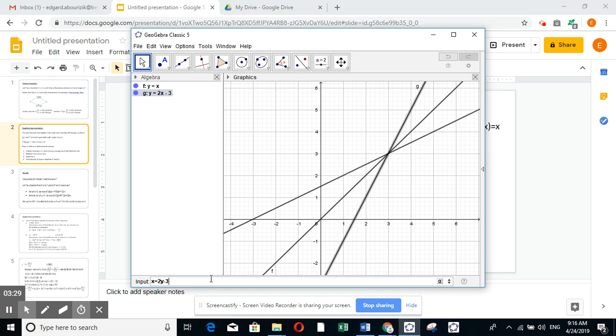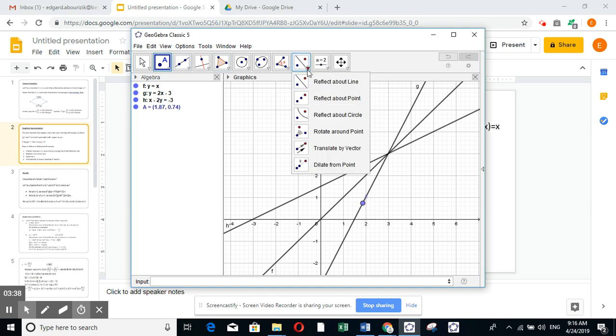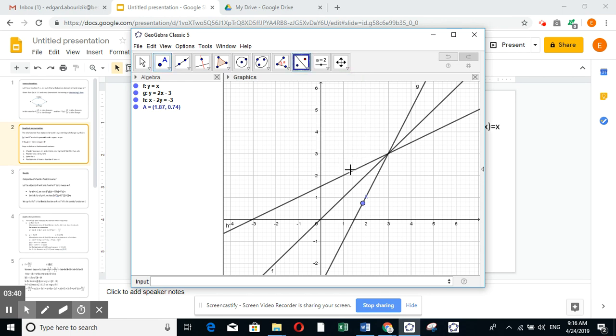And if you pick now any point on this function and you do the symmetry with respect to y equals x, you're going to get a point opposite to it.